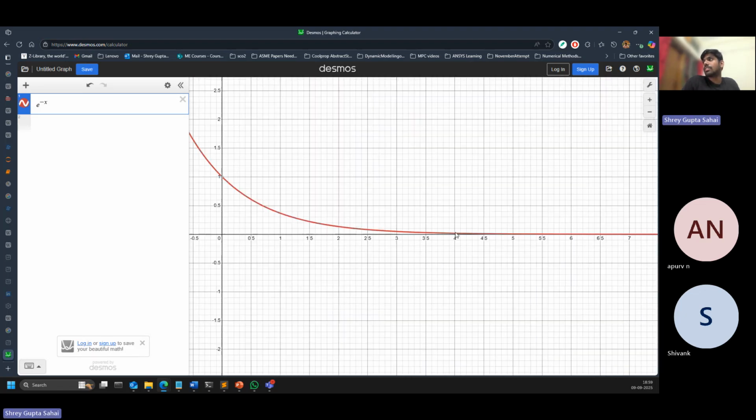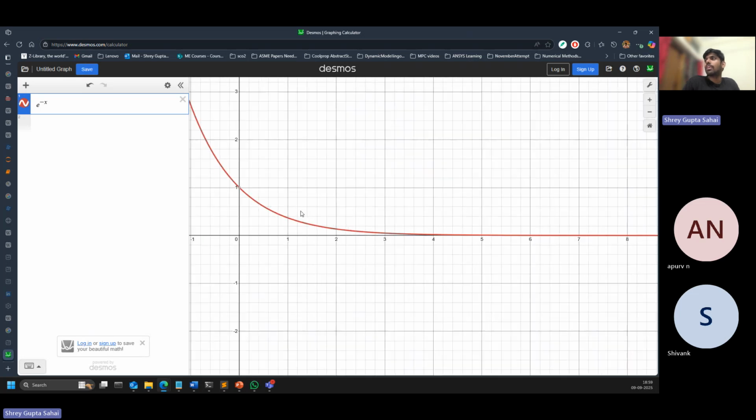But if we want a more inaccurate solution, if we take f of 1 as 1, then you will get a solution which strictly goes to 1, strictly goes to 0 at x equals 4. But I'm saying that the solution of the boundary layer is an asymptotic solution.